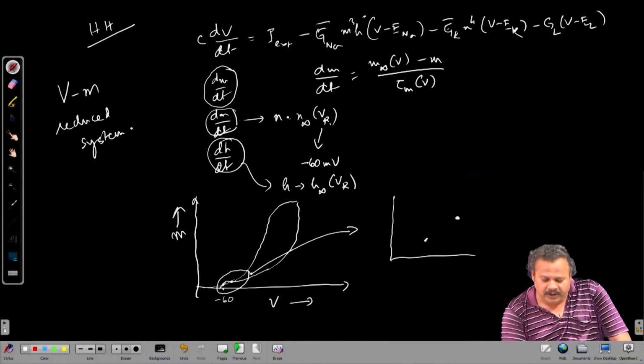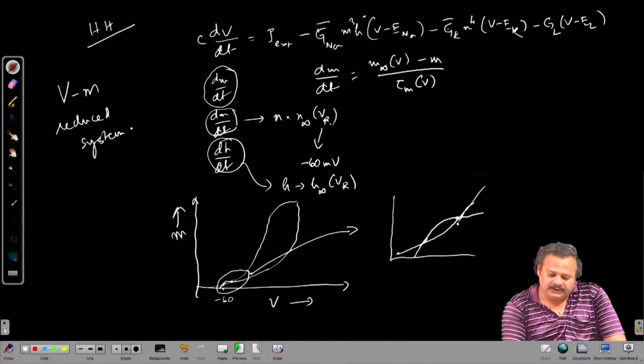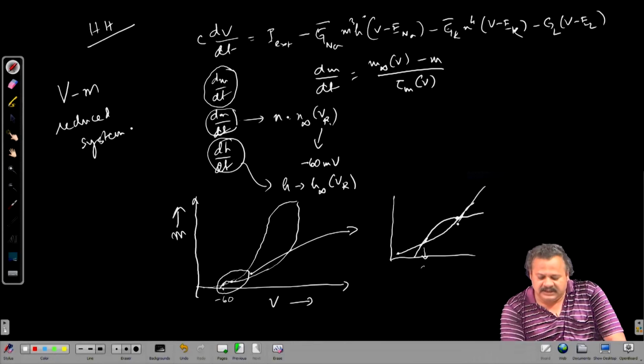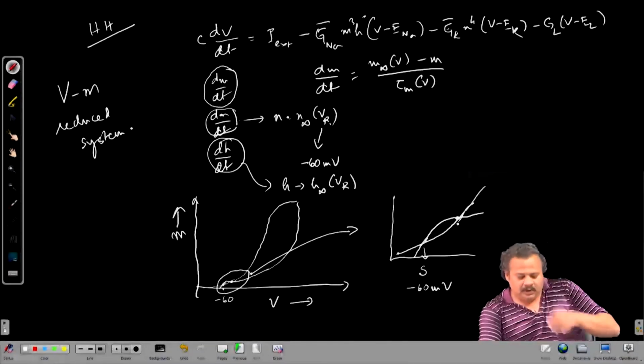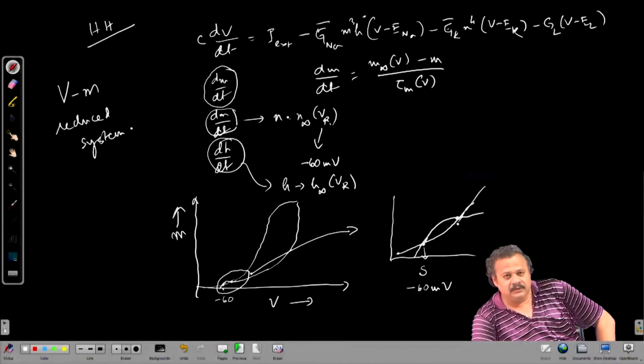What we essentially have is two equilibrium points, created by the intersection of the V null cline and the m null cline. One is the stable one at minus 60 millivolts. If you linearize the system around this equilibrium point, you will see that the eigenvalues are all negative and it is a stable equilibrium point.